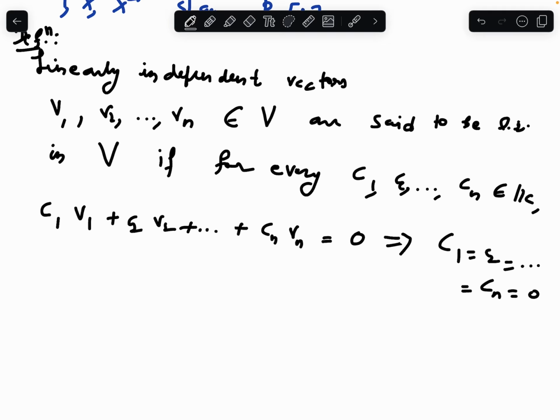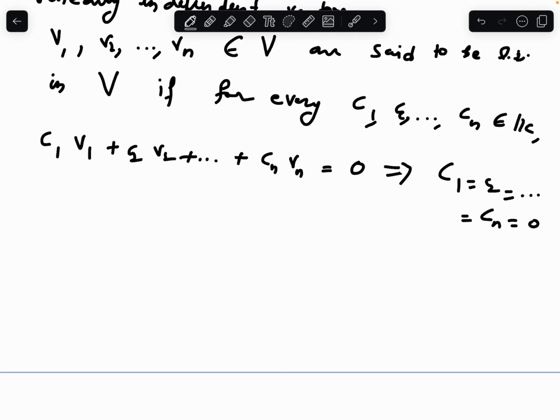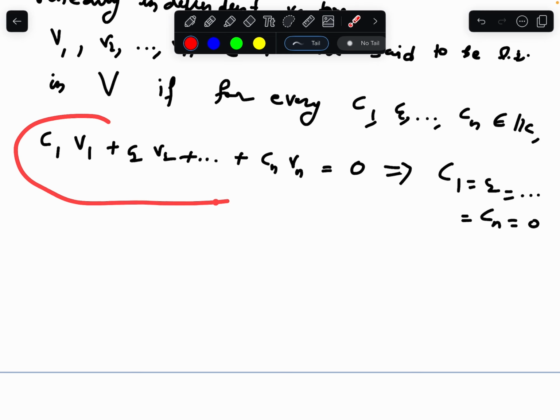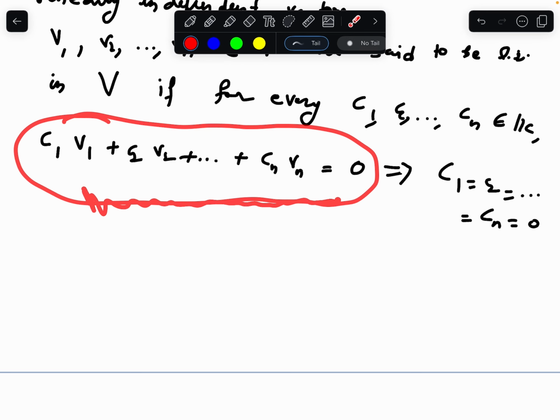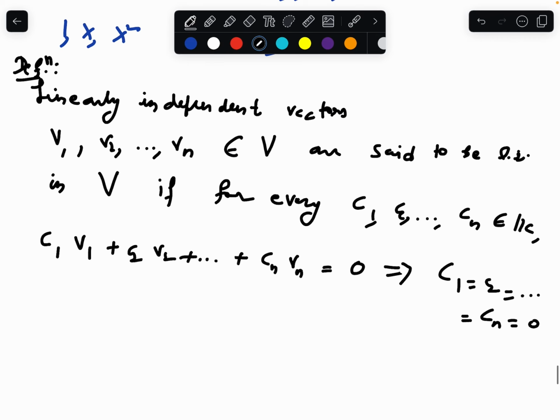So all the scalars are 0. Whenever you have C1 V1 plus C2 V2 plus Cn Vn equal to 0, then you can immediately write C1, C2, Cn all are 0 if these V1, V2, V3, Vn are linearly independent. This is the meaning of linearly independent vectors.